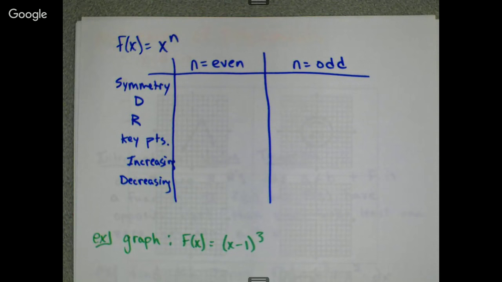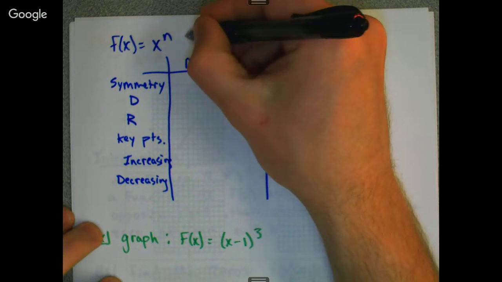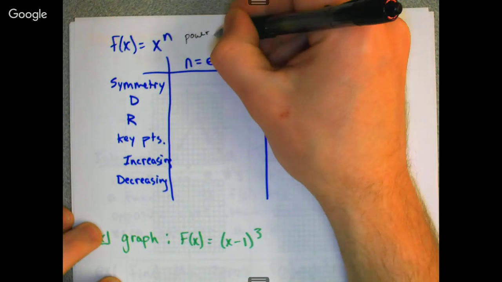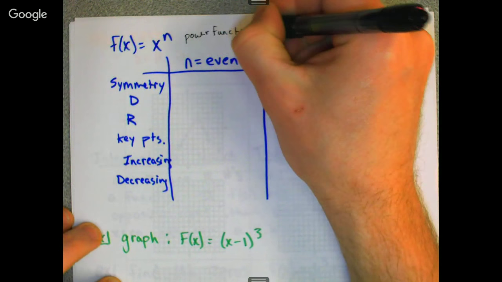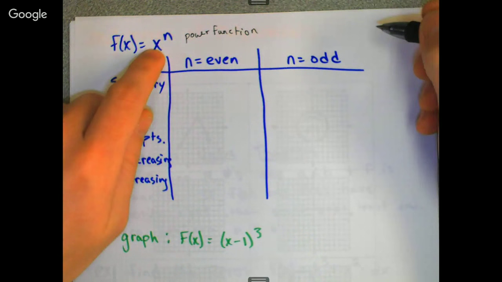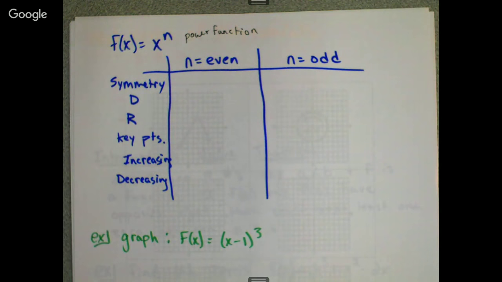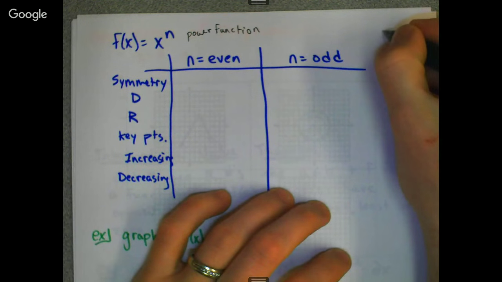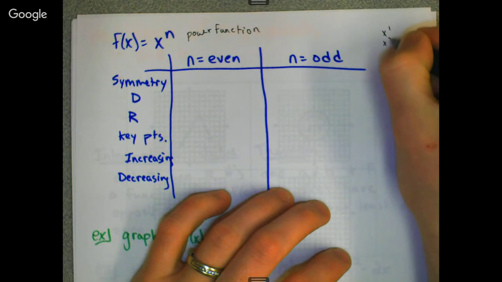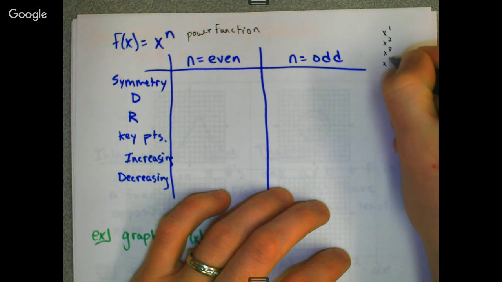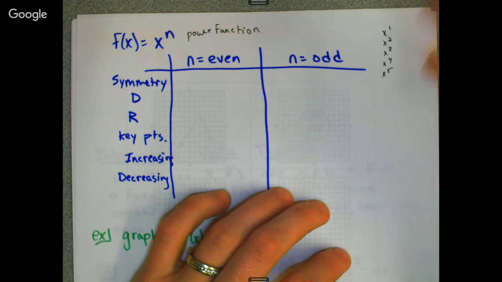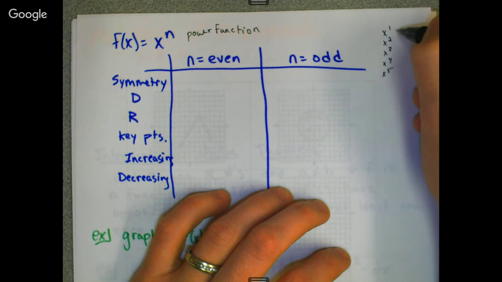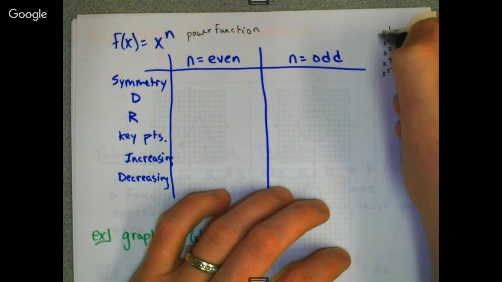Okay, we have what's called a power function. This is my power function, and it basically outlines our parent functions. So I can have anything from x^1, x^2, x^3, x^4, x^5, and we can keep going on up. And we can group these into odds and evens.